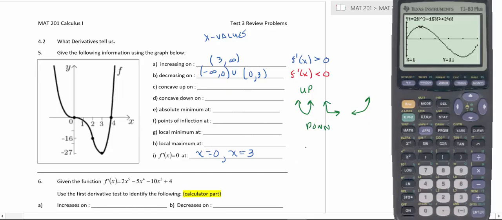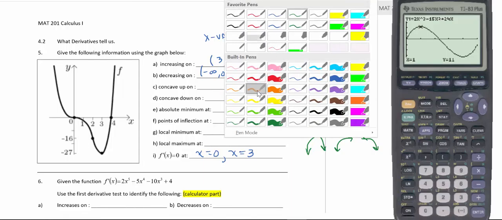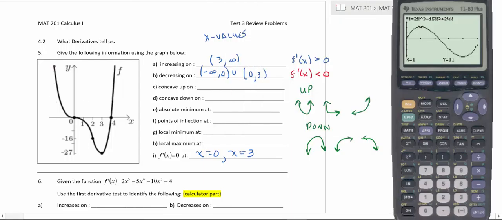Concave down can look like this, or something like this, half of your frown. And then points of inflection are going to be places where the concavity changes. So if you go through and look at this, I'm going to label this with different colors. Right now, you're concave up in that area right there.